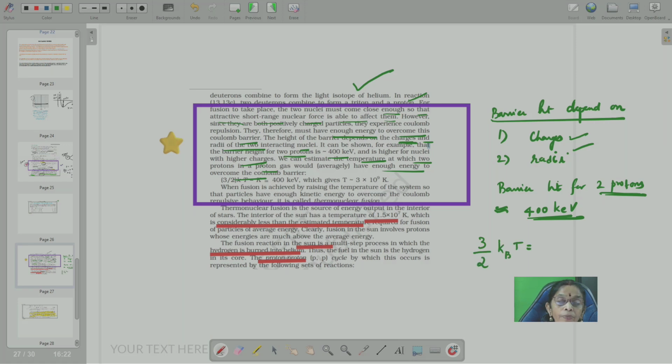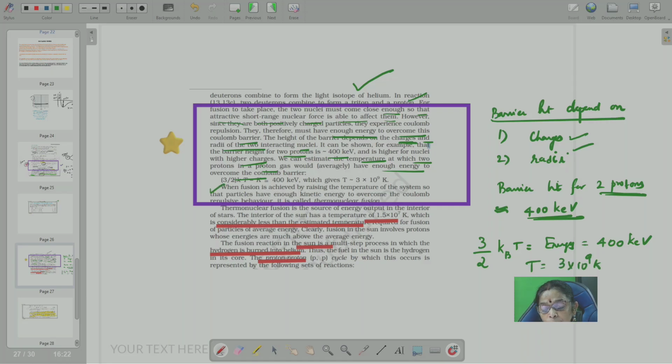Last year in class 11 you would have learnt thermal kinetic energy in thermodynamics. So 3/2 kBT is nothing but the law of equipartition of energy. This energy will determine the temperature, so that will be equal to 400 kilo electron volt. When you substitute, T comes to around 3 into 10 power 9 Kelvin.